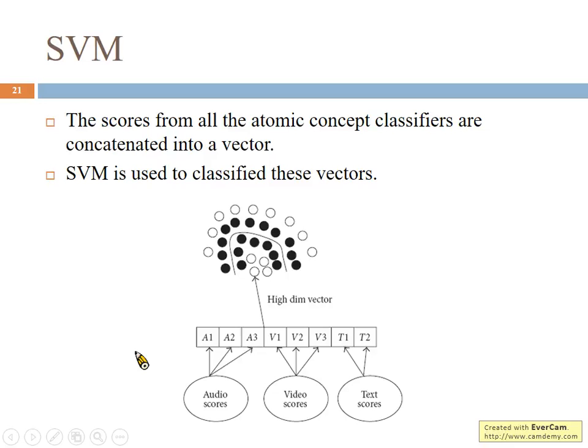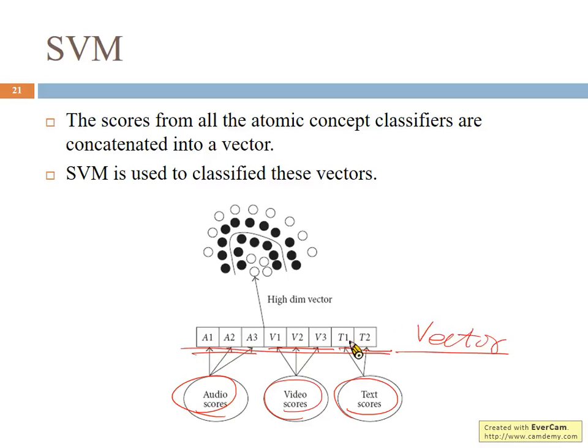We can also aggregate multimodal concept scores by SVM. We can simply concatenate the audio score, video score, and text score as a vector, and then we can view such vectors in a feature space, and use SVM to discriminate the concept score vectors into several defined high-level concepts.